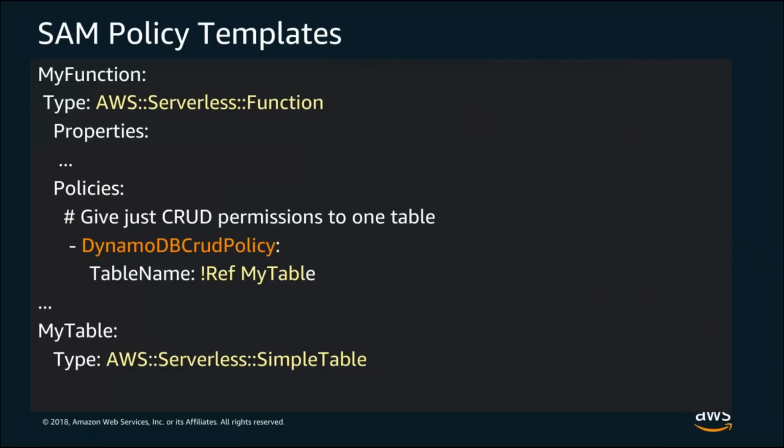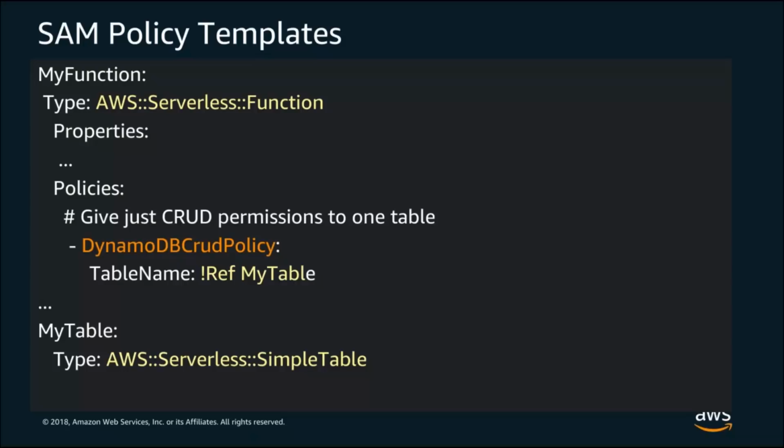Another great thing that I have inside of SAM is something called SAM policy templates. Now, I mentioned earlier when we talked about the two key aspects of security for Lambda, the execution policy and the function policy. In the case of my function's policy, or essentially the execution policy for what my function can do, I'm concerned with what it is that it might be able to access. In the earlier example of a SAM template, I showed a policy that would have allowed my function to read from any DynamoDB table.